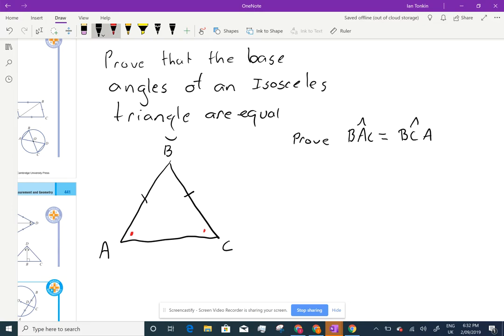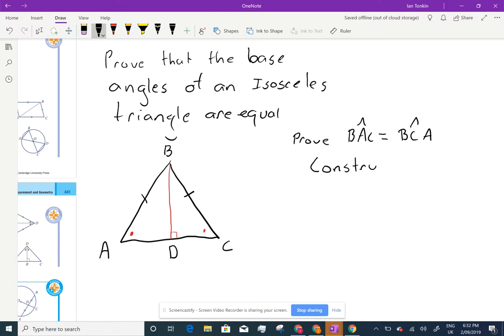And here we go. The first thing I'm going to do is I'm going to draw an altitude. Now, an altitude is a line that goes from an apex or a vertex or a vertice and hits the opposite line at 90 degrees. So I'm going to say I've done that. And I'm going to have to put a new letter in here. I'm going to go D. So construct.